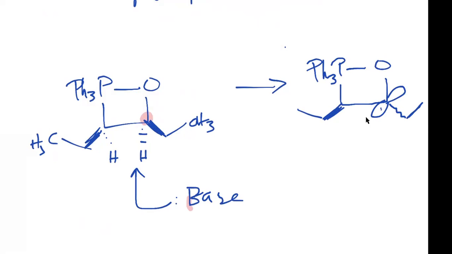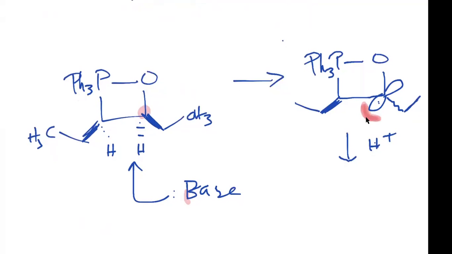So then when you add in the acid, right? In this case, it was tert-butanol that you added, right? The H can come from either side, but it's going to add to the front face. So it's going to add here to this face, right? And that's going to cause that substituent to end up being trans or going to the back. So then what your oxyphosphate looks like this now.